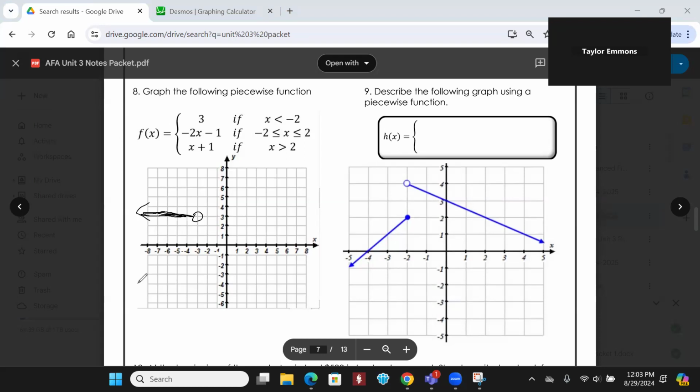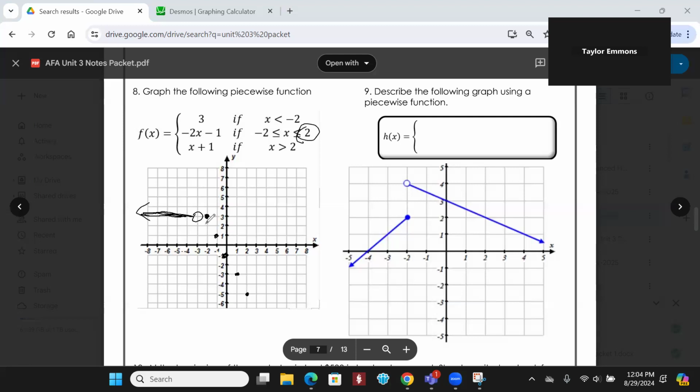Okay. Then you're going to graph the next part. This has a y-intercept of -1. It goes down 2 to the right one, down 2 to the right one, and that goes until 2. And then it goes to the left. Up to the left one, up 2 to the left one.